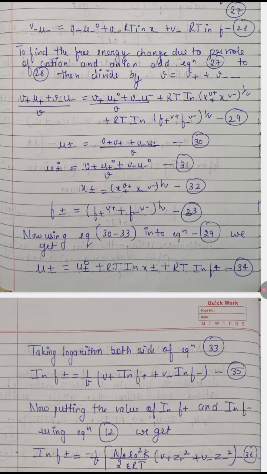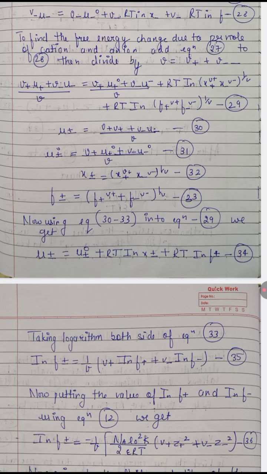Nu minus mu minus equals nu minus mu naught minus plus nu minus RT ln x minus plus nu minus RT ln f minus, equation 28.